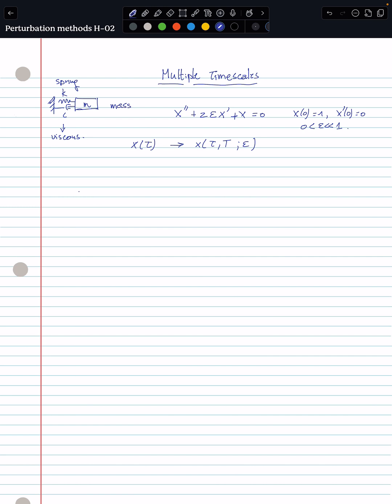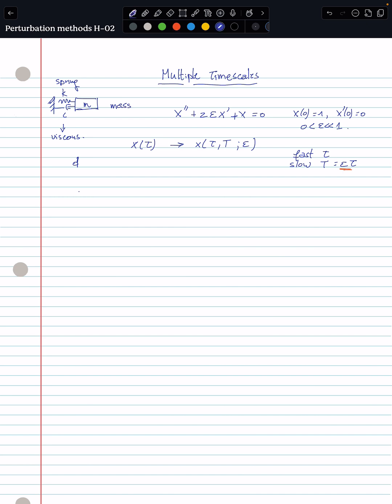As I introduced in the previous video, we introduce the two time scales: the fast time scale tau, which is the basic time scale that we keep, and the slow time scale, capital T, which is chosen here as epsilon times tau. I justified in the previous video why we use epsilon times tau and not any other power of epsilon.